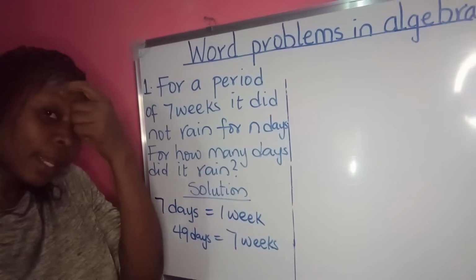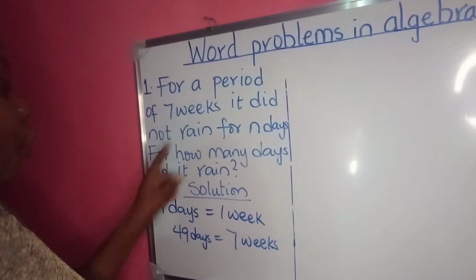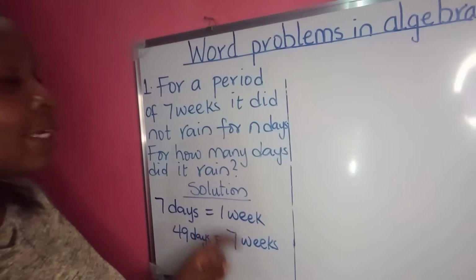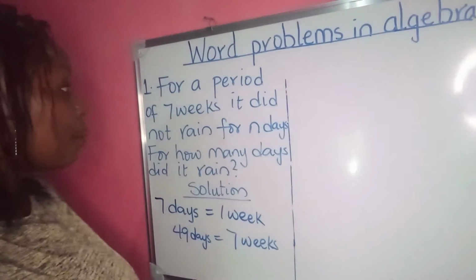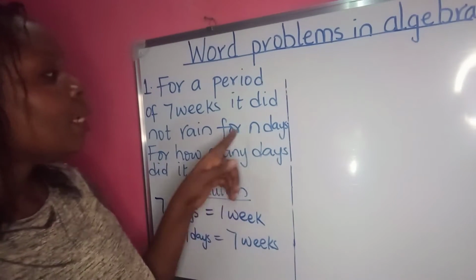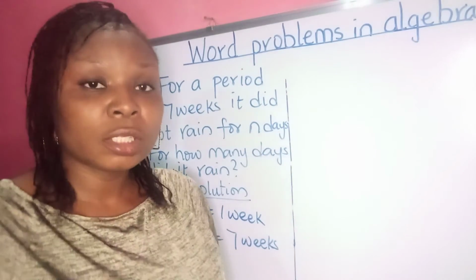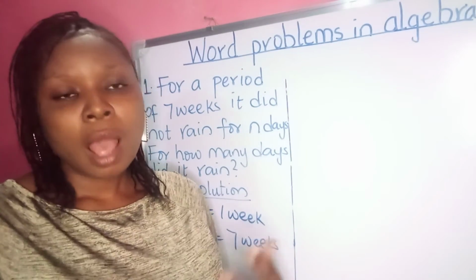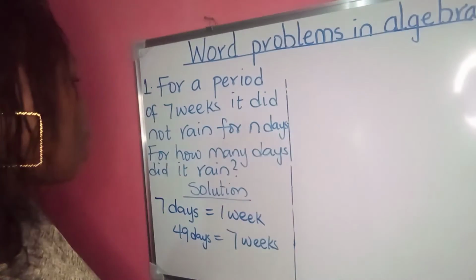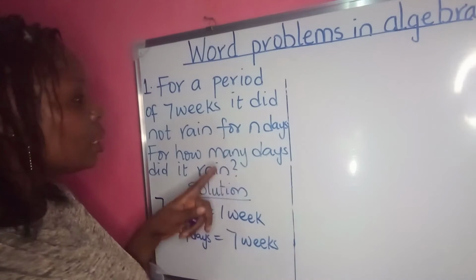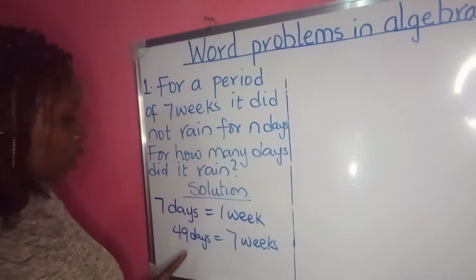So let me replace this: for a period of 49 days, it rained for only n days. Those n days, we don't know what it stands for, but we have to find for how many days it did not rain. So we subtract the days it rained, n days, from the 49 days.